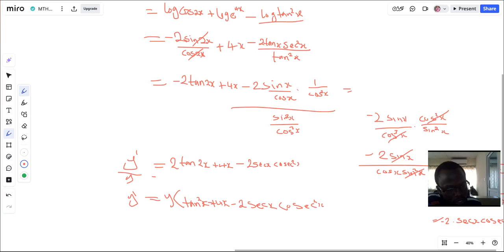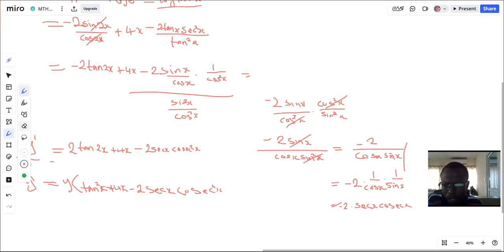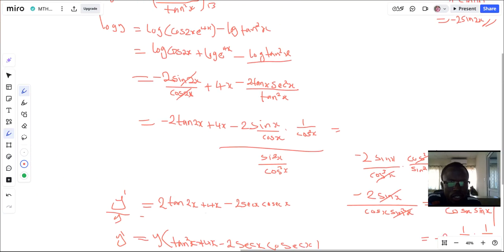Sorry, I forgot x here. We don't have square, maybe 1 over sine x. Cosec x, and this is equal to what is our y initially?